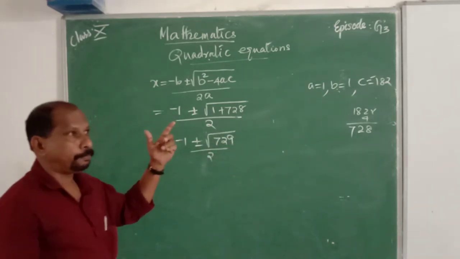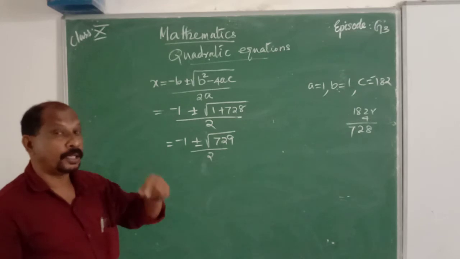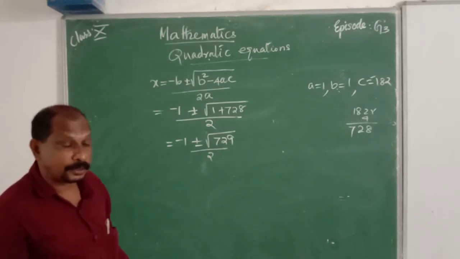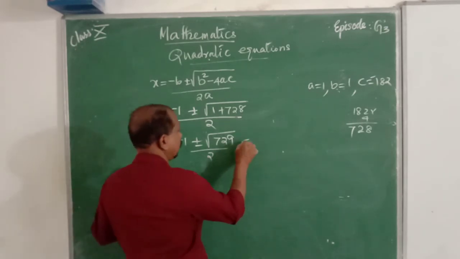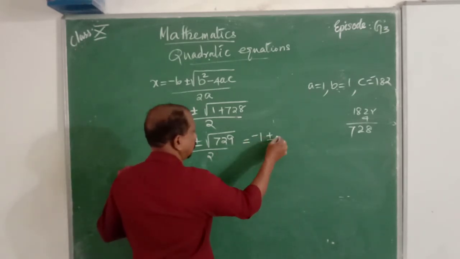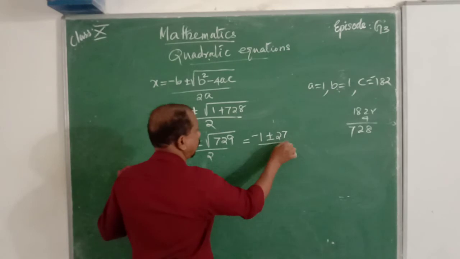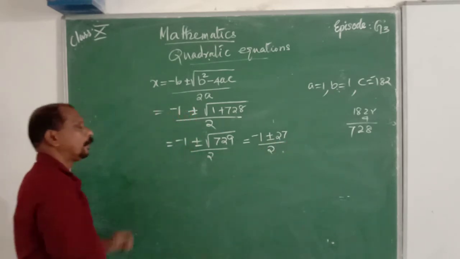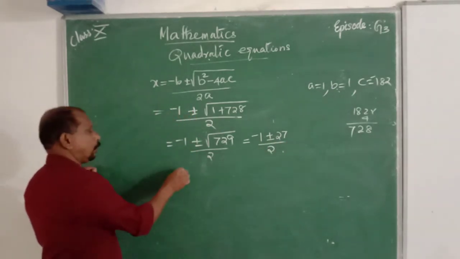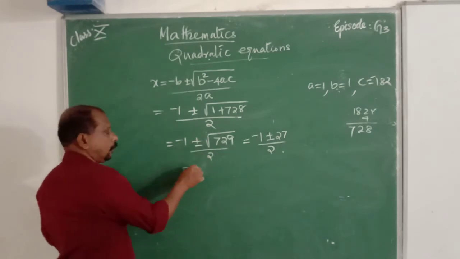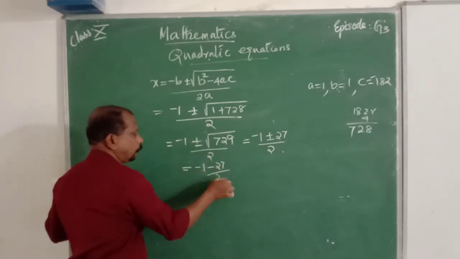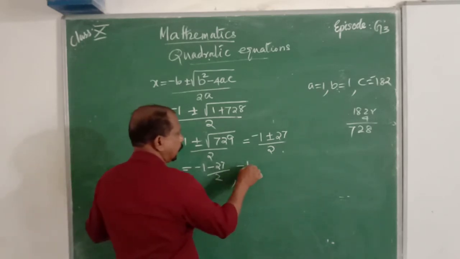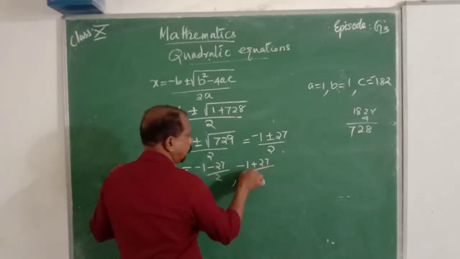In the previous problem we know that 27 square is 729. Therefore it is minus 1 plus or minus 27 by 2. There are two values: minus 1 minus 27 by 2 and minus 1 plus 27 by 2.